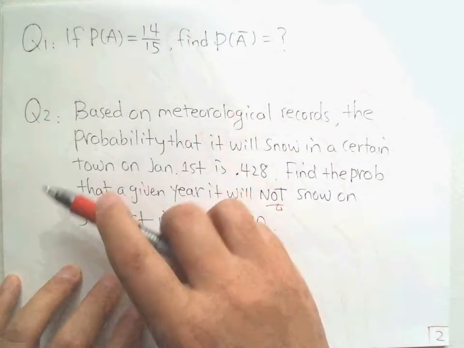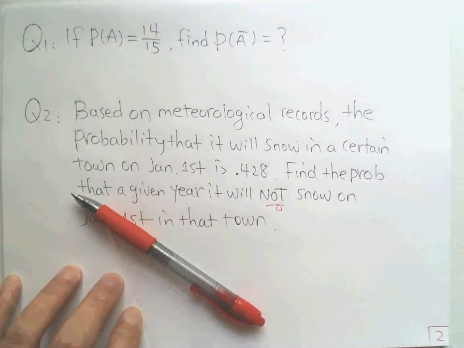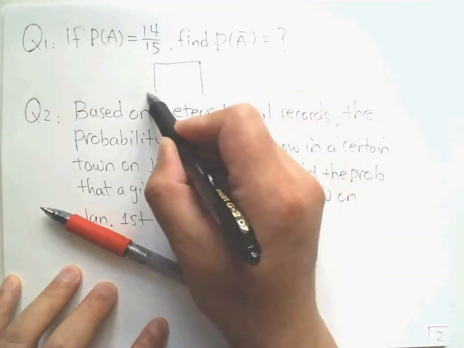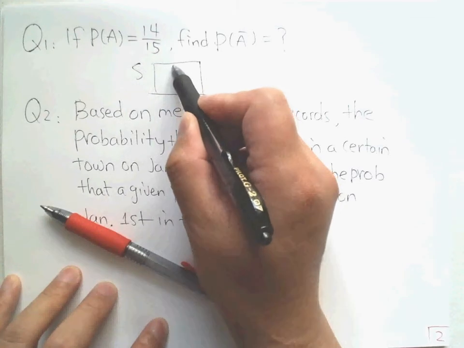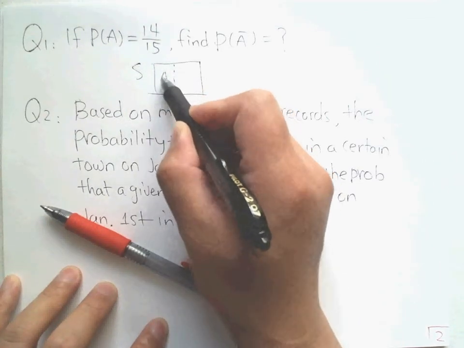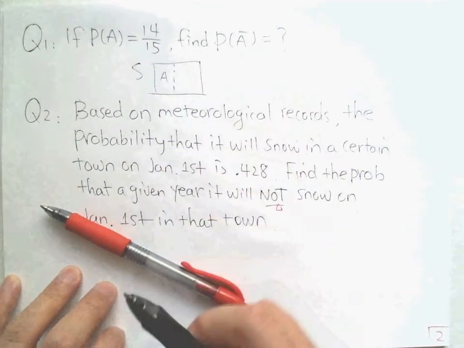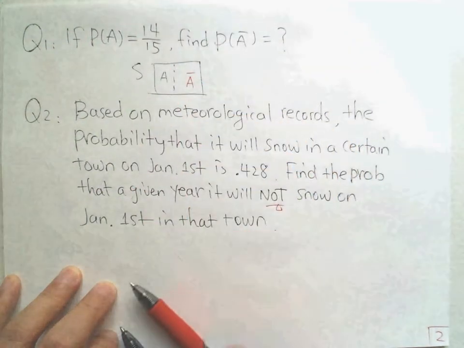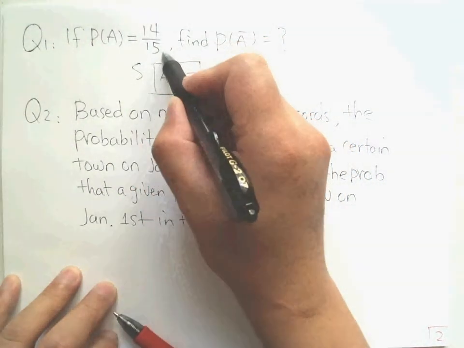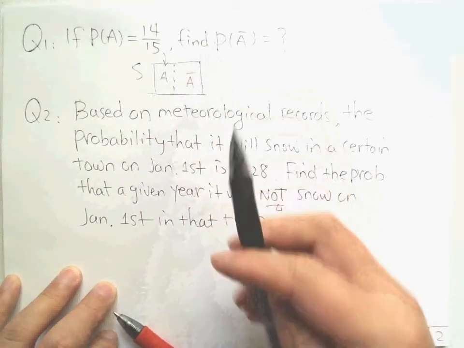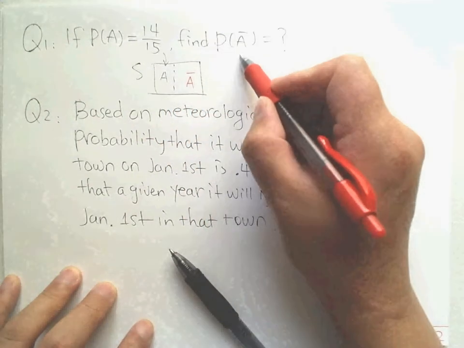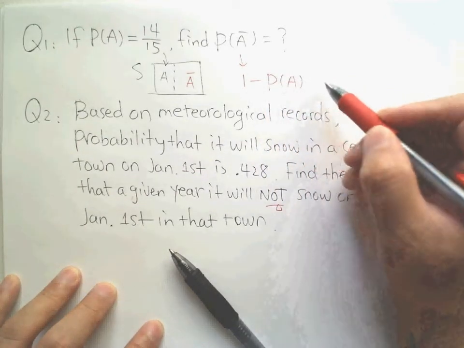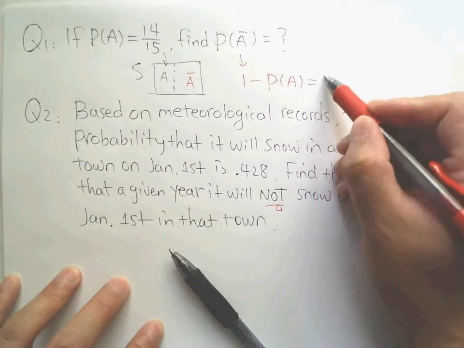If it's simple, you can draw a graph like this: this is S, this is A, and this one is A bar, and put together they make the sample space. Now you know the probability of A, so what is A bar? Definitely A bar equals 1 minus the probability of A. That's the formula. All we need to do is plug in.